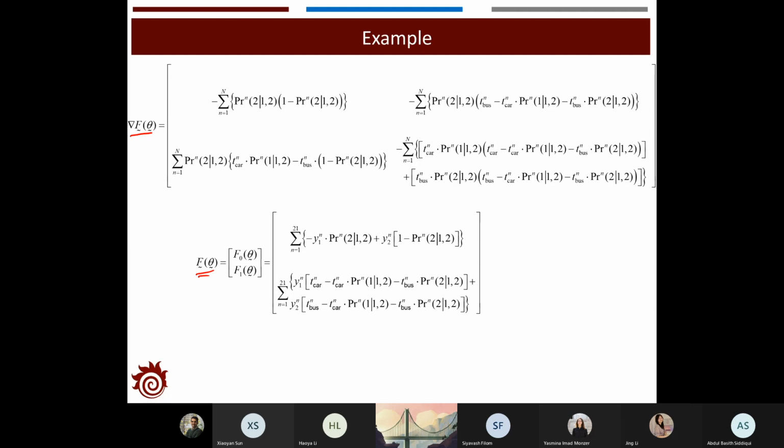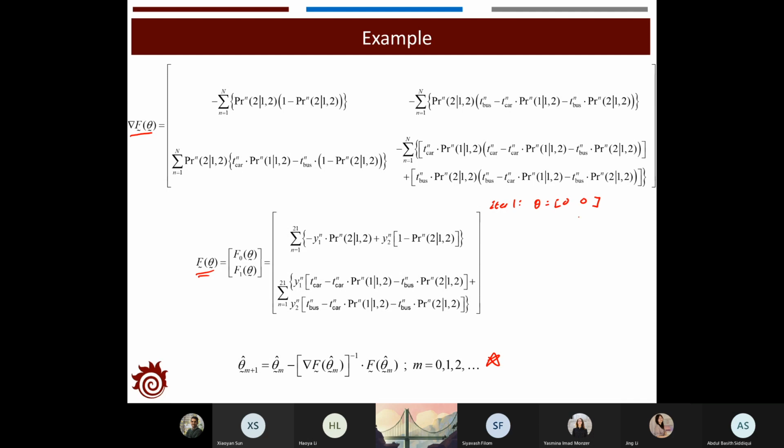Those two equations are related to the observations. And you can then recall the iteration process to find out what's the value of the theta. In the first iteration, theta will be 0, 0.